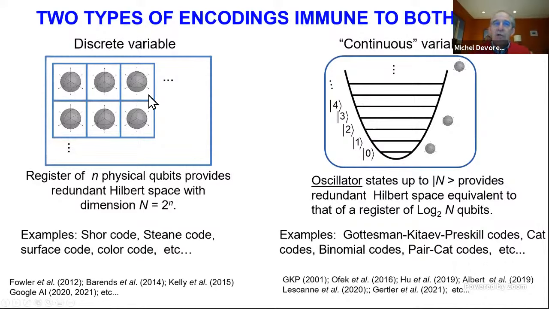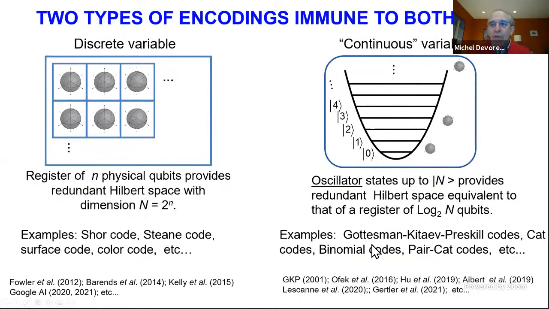And as you see, there's a correspondence, because if your register is composed of little n physical qubits, that's equivalent to taking capital N levels of the oscillator and taking the log in base 2. This kind of code was originally developed by Daniel Gottesman with Kitaev and Preskill.